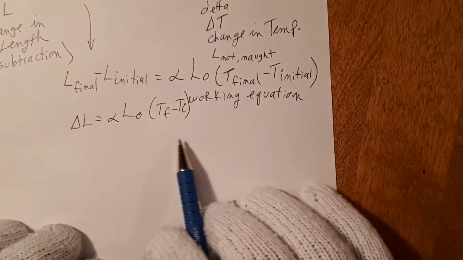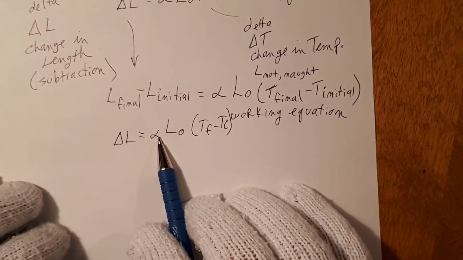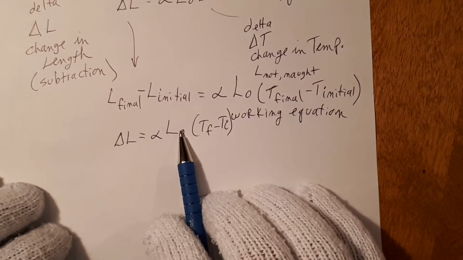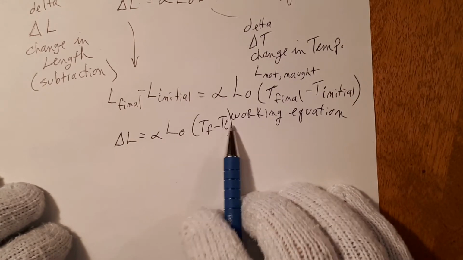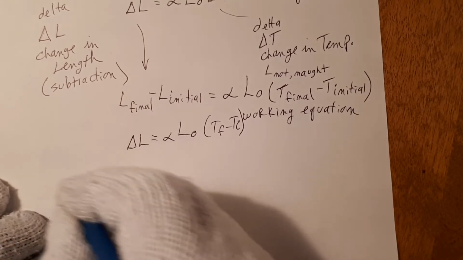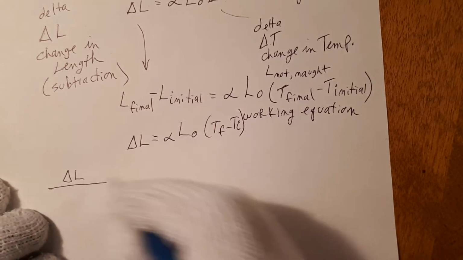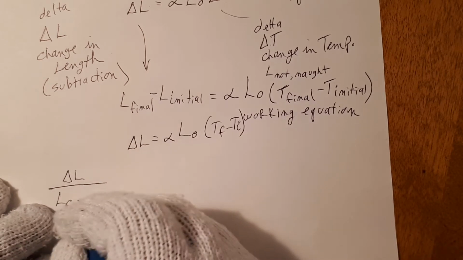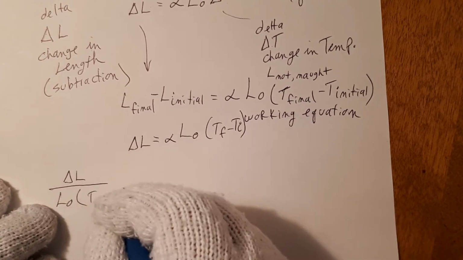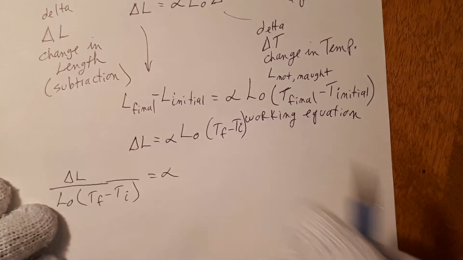So we're going to take this equation and rearrange it to isolate alpha, dividing both sides by L naught and temperature final minus temperature initial. Change in length divided by L naught and temperature final minus temperature initial is equal to alpha.